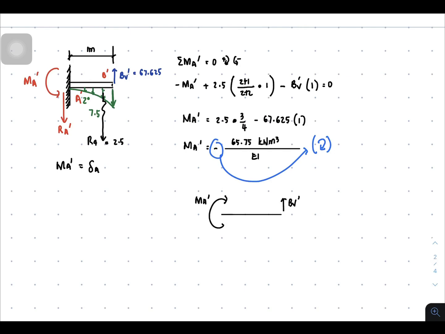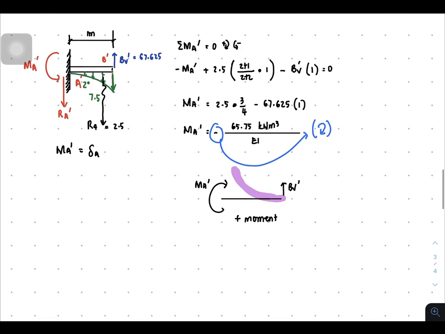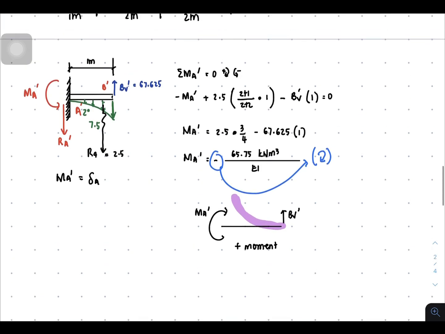So this action of MA prime with respect to this beam, it will bend upward. So in this case, this moment is positive moment. So this moment creates a positive moment.